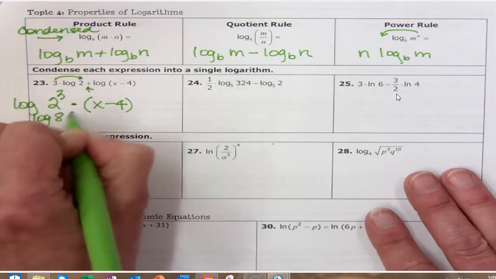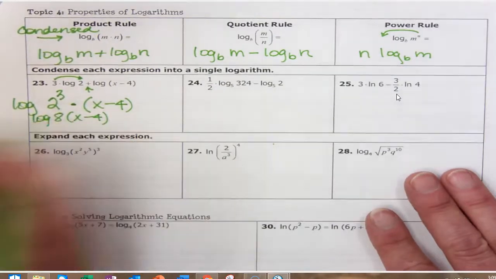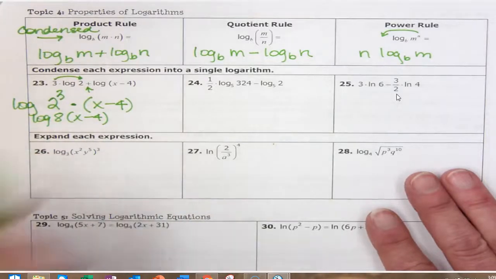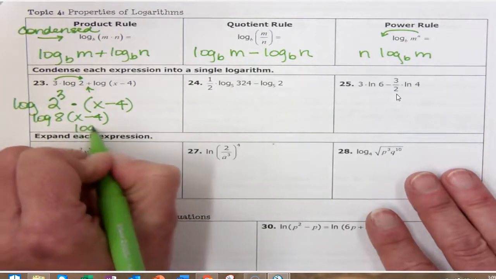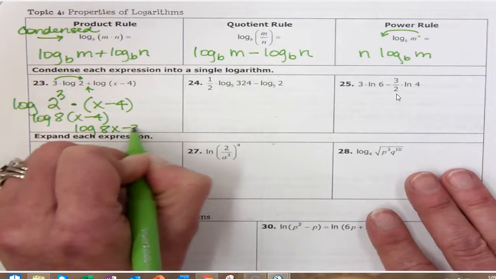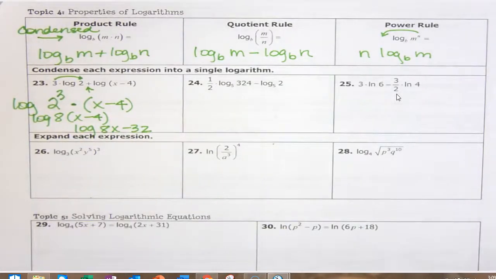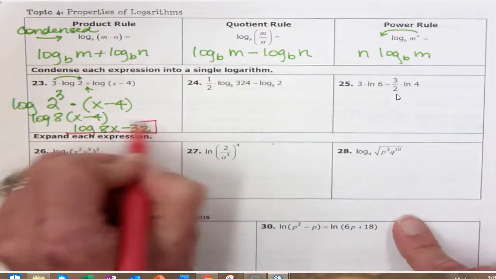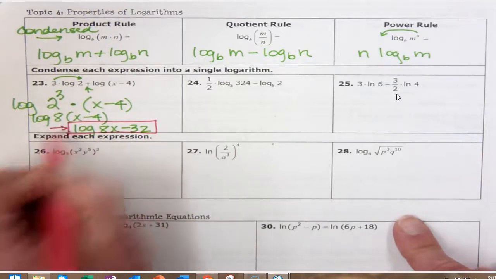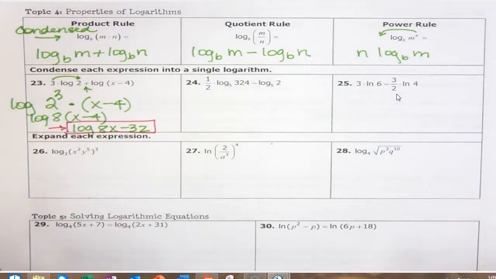So if you want me to write this down, when I multiply that out, it's going to be log of 8x minus 32. Now keep in mind, I still have this word log here. The only time you can get rid of that log is when you're solving and we have logs on both sides, which we'll talk about, or when you change it to exponential form. Don't drop that word, because it's not going to be the same value.